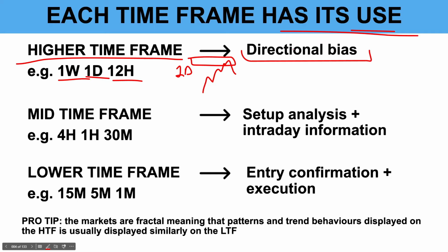So our directional bias for the coming days and the coming weeks to take any trades will be sells, because we can see on a daily time frame that because we recently tapped into this supply zone, our trend may change from bullish to bearish, and therefore our directional bias has switched to bearish. And that means when I go onto the lower time frames, I need to keep in mind that the higher time frame has switched to being bearish.